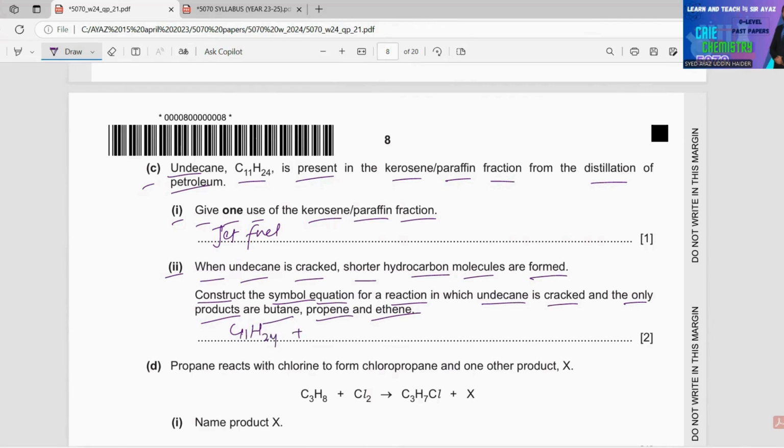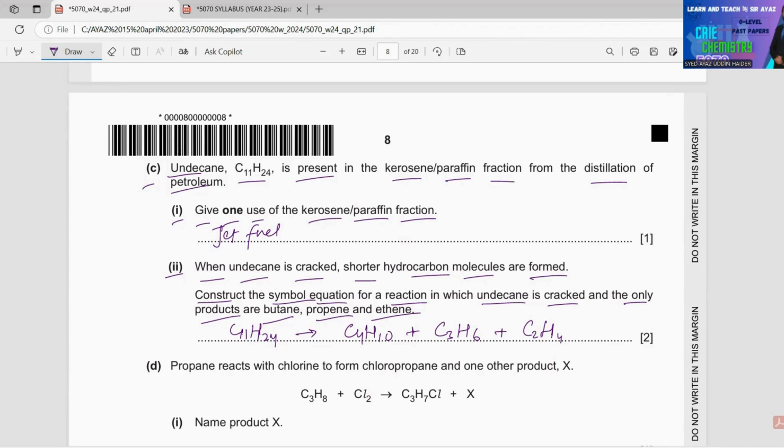C11H24. You know the formula of butane, it's C4H10, propene, C3H6. What about ethene? C2H4. So let's count the carbon atoms first. 4 plus 3, 7. 7 plus 2 is 9.